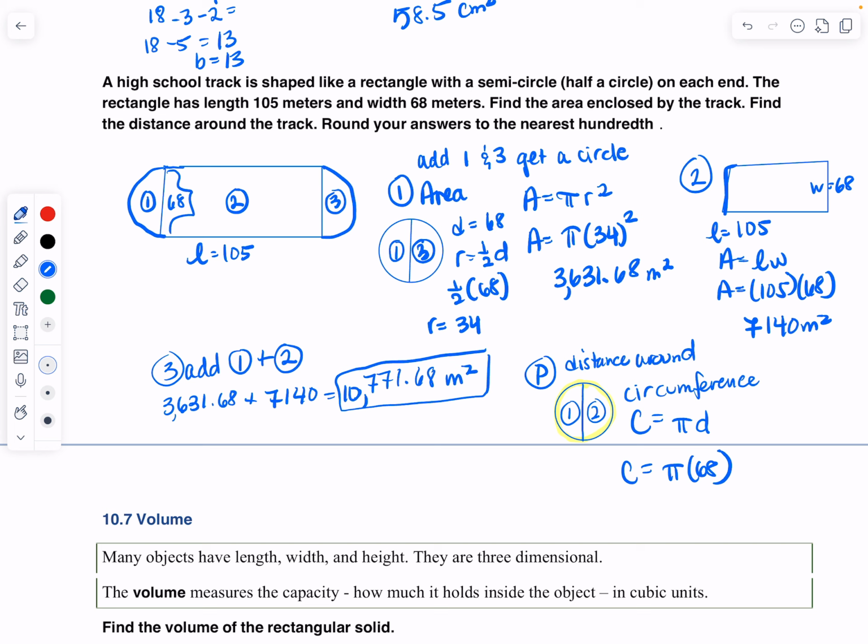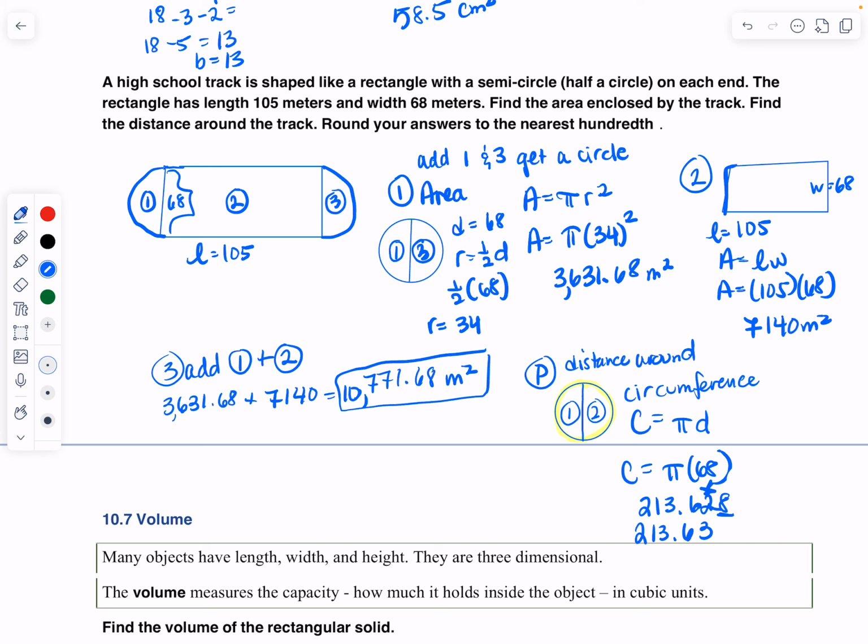And it says round my answer to the nearest hundredths, so that is going to be 213.628. I have to round to the nearest hundredths, which is where the 2 falls. I'm going to put the little arrow and look at the digit behind the 2. That's an 8, so I'm going to round up. So 213.63 will get me the distance around the two ends.